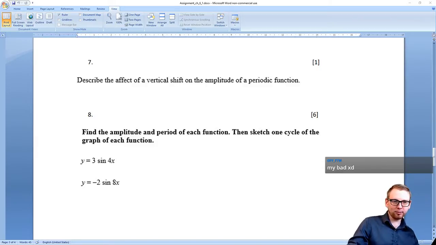I don't know, graph it. Okay. And for 7, all you have to do is just write a sentence for it. So I'll let you do that.